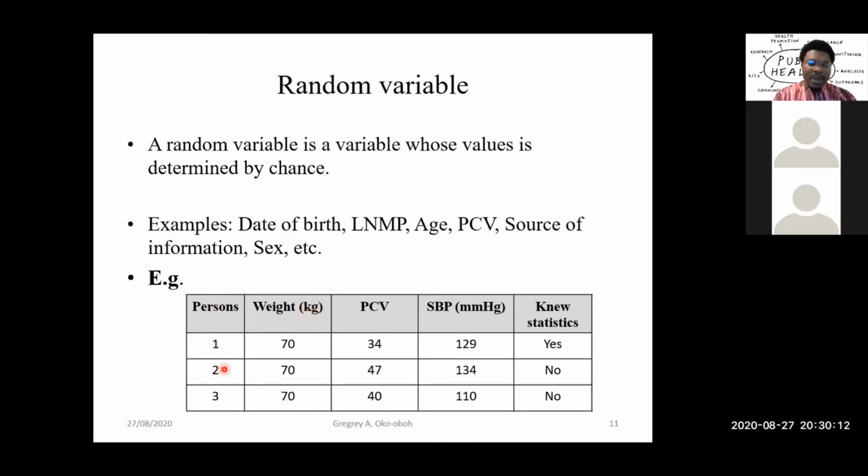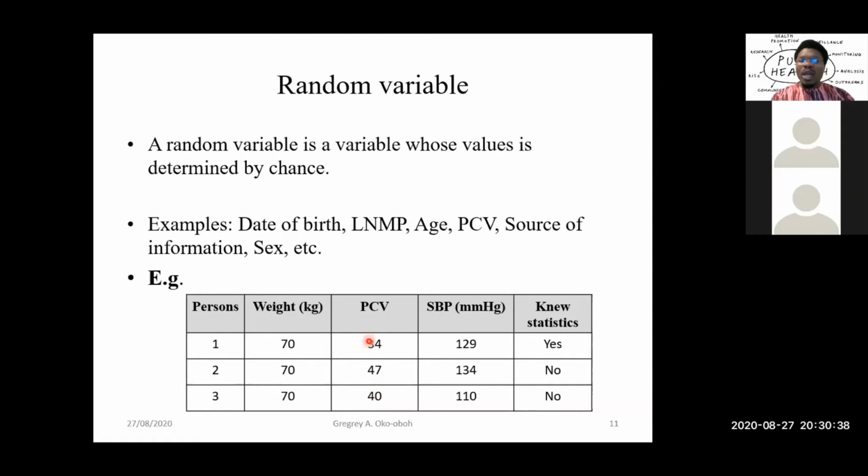These are three persons, 1, 2, 3. They all have the same weight, 70, 70, 70 kg. But let's look at their PCV. You notice that despite having the same weight, their PCV levels are not the same. This is 34, 47, and 40.